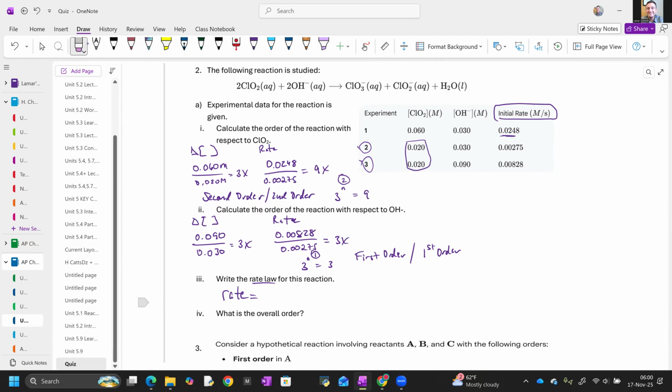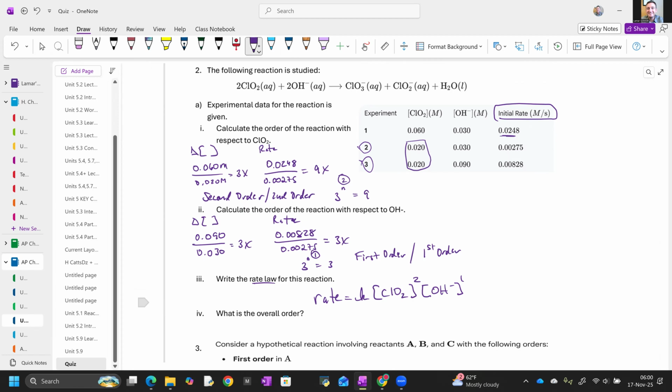And just so I have a little more room over here, I'm going to move it over here. It's going to be rate is equal to k, concentration of ClO2 squared, because it's second order, times concentration of OH minus, and I don't have to put the 1 there, but I did anyway.